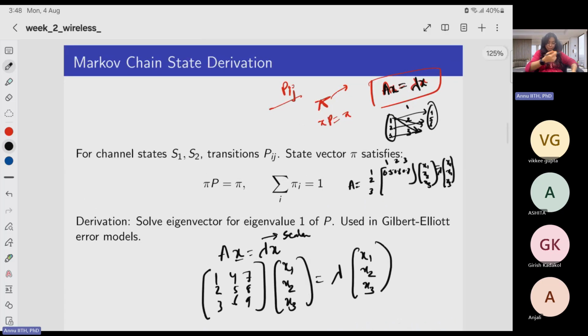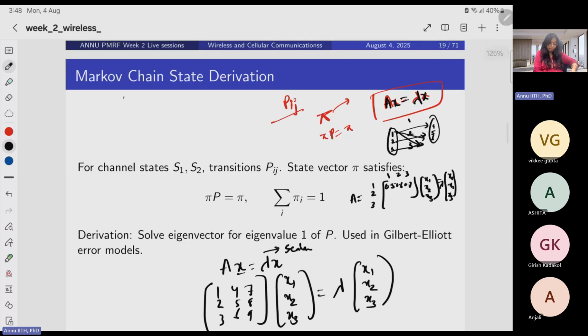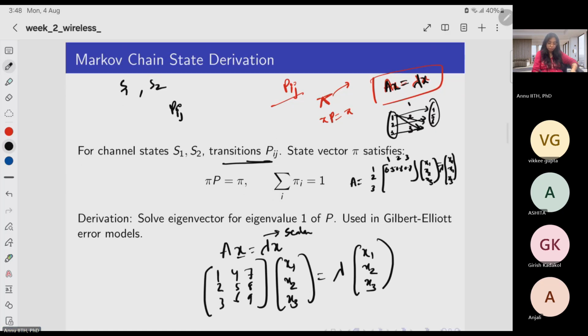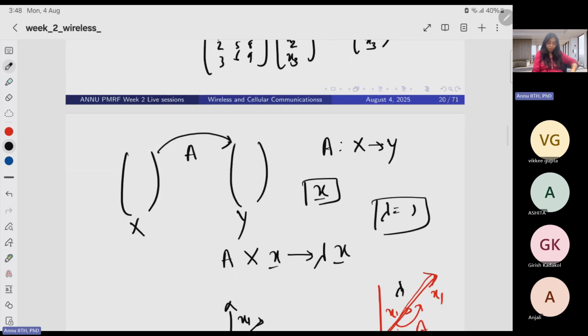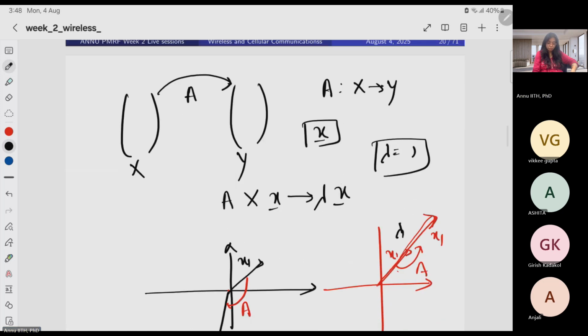And here it's the same. Suppose we have different channel states S1, S2, with the probability transition matrix of Pij. These are the left eigenvectors. Why left?